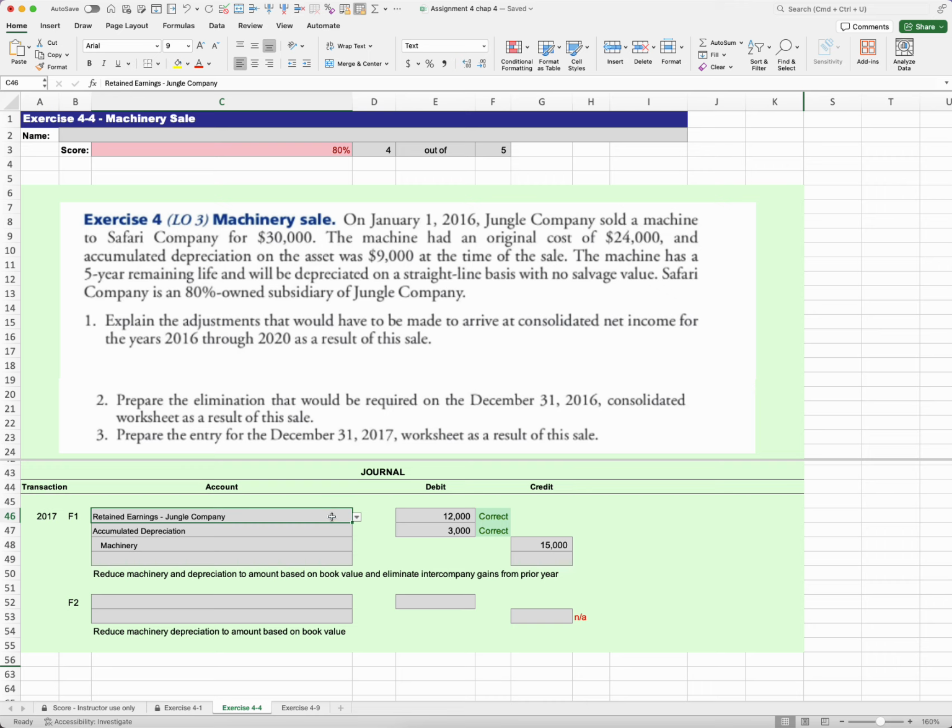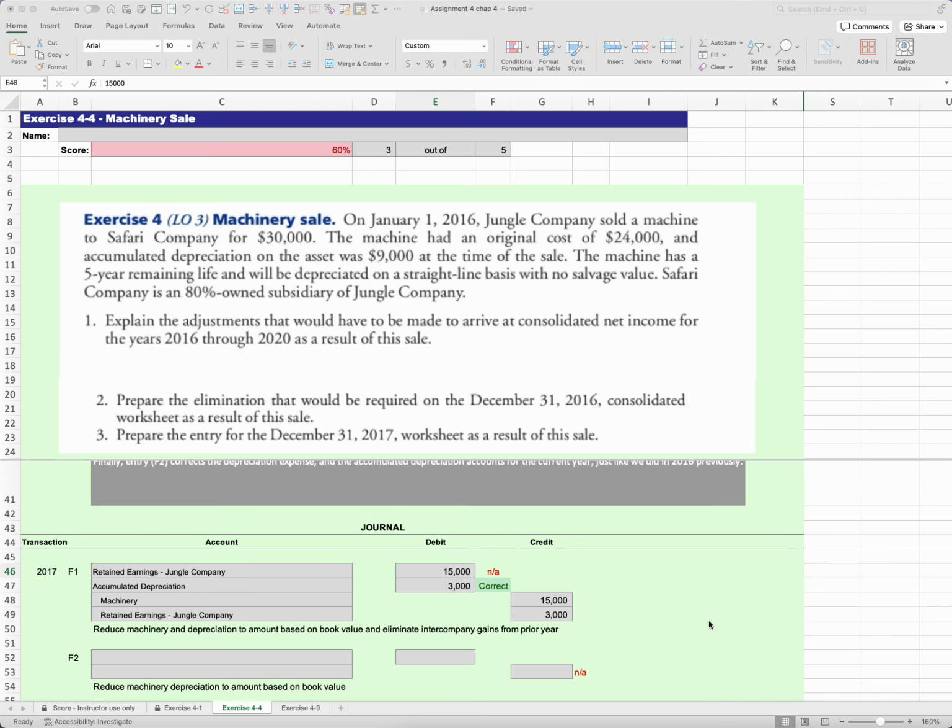However, if the seller was a subsidiary, which in this case is Safari, then you would have had to do some sort of a split here and then a split here. But again, we didn't have that situation where the seller was subsidiary. We had a situation where the seller was a parent company, so they get to absorb all of this reduction to retained earnings.